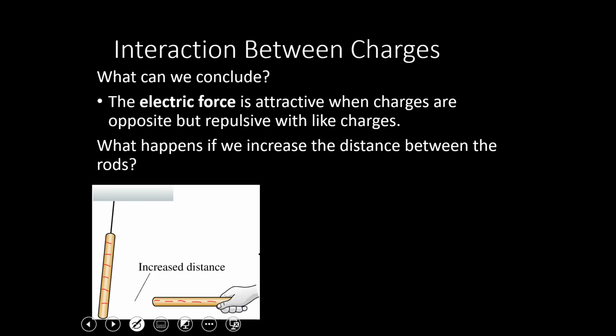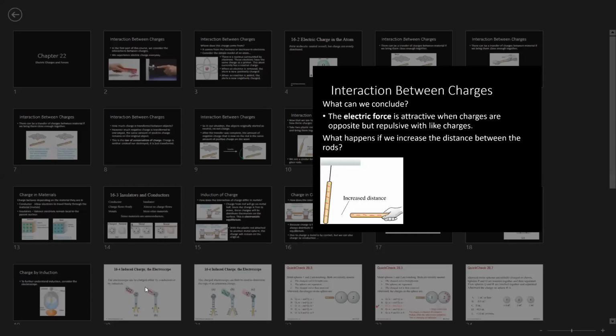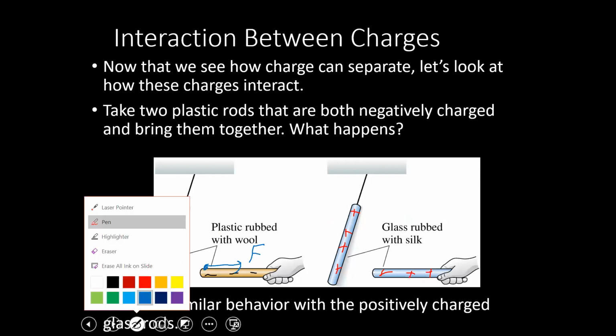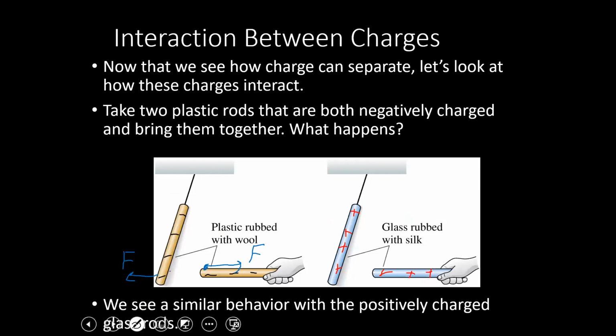But if I increase the distance here, it's less repulsive. And compare that picture to, let me go back a couple, to this picture. Let me call that distance R. Okay, that's my distance R.